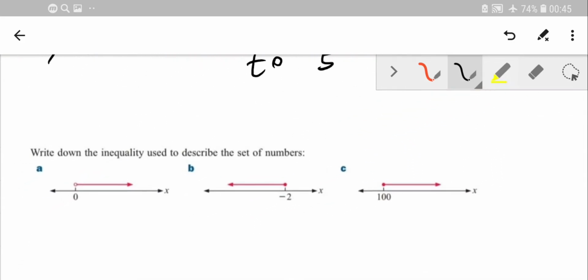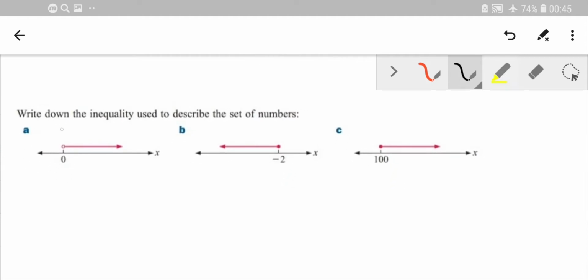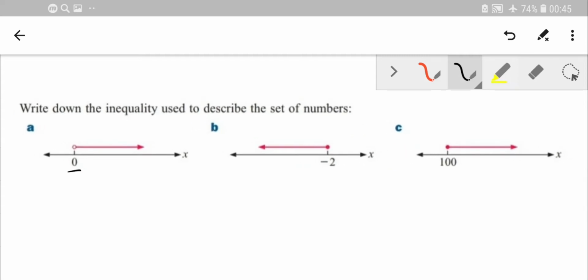Alright, let's go next. And this is sort of an inverse problem. Write down the inequality used to describe a set of numbers. Alright, so we have from 0 to infinity. In this case, 0 is not included, so you can write that x, your variable, can take any values strictly more than 0.